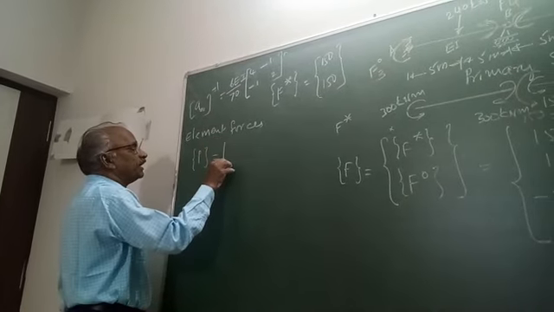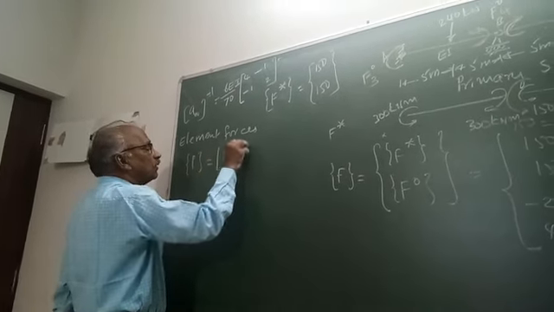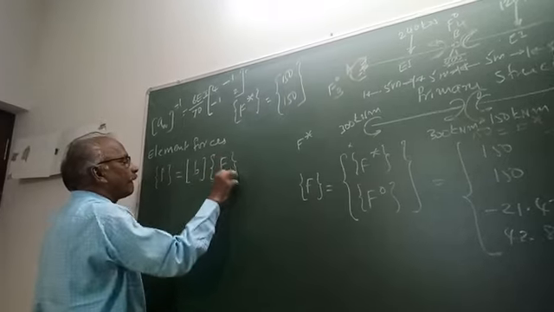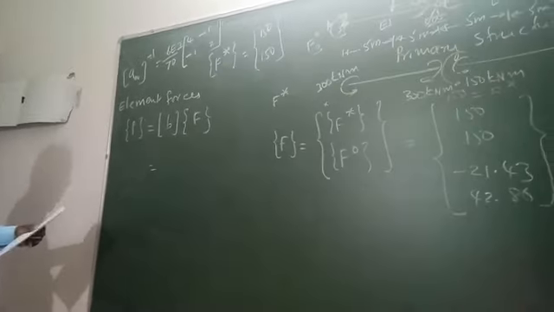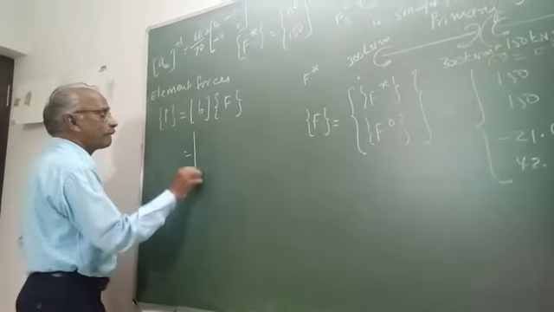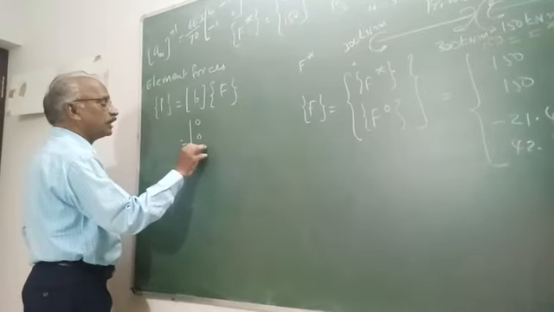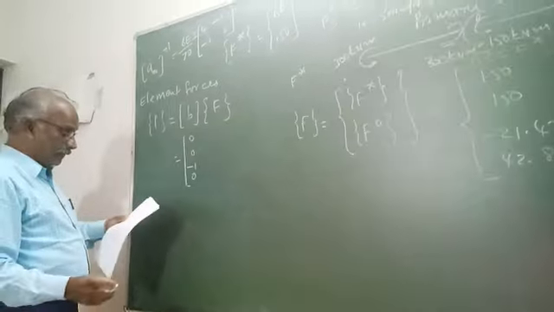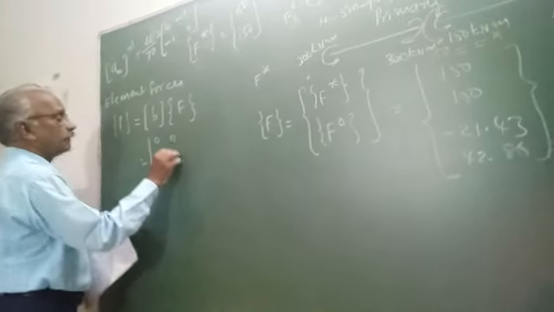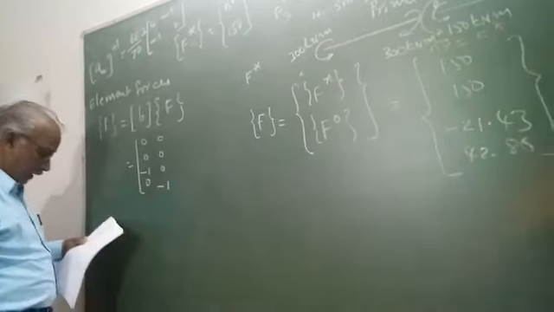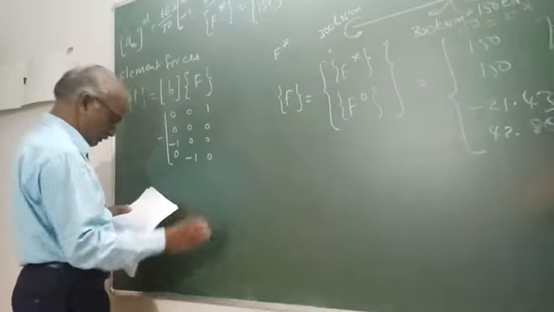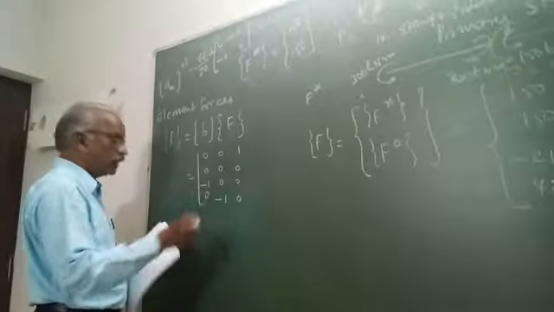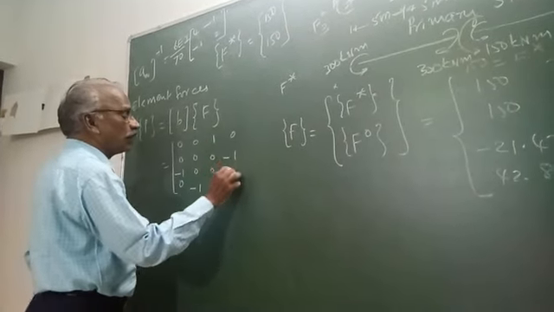Already we have discussed P equal to B into F. So the B matrix is 0 0 0 0 minus 1 0, 0 0 0 minus 1, 1 0 0 0, then 0 minus 1 1 0.